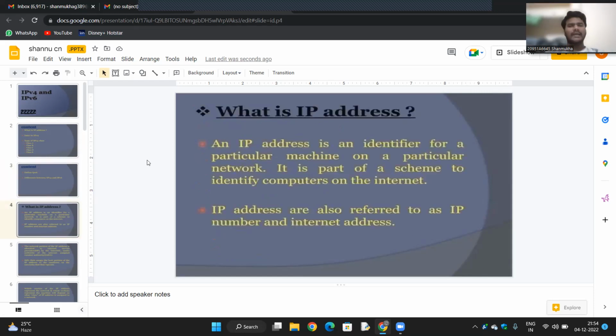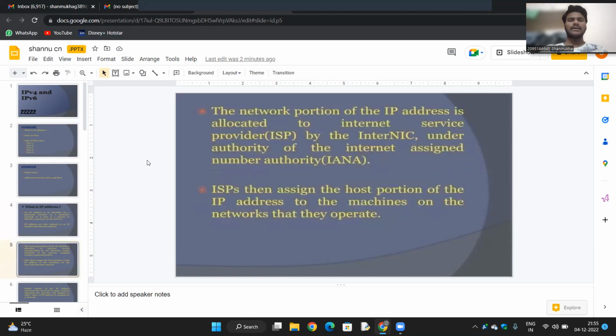An IP address is an identifier for a particular machine on a particular network. It is part of a scheme to identify computers on the internet. IP addresses are also referred to as IP numbers and internet addresses. The network portion of the IP address is allocated to Internet Service Providers (ISPs) by InterNIC under the authority of the Internet Assigned Numbers Authority (IANA).